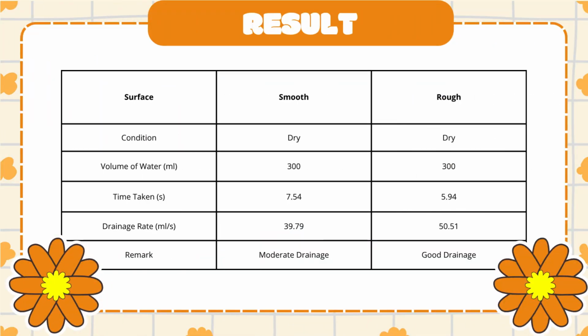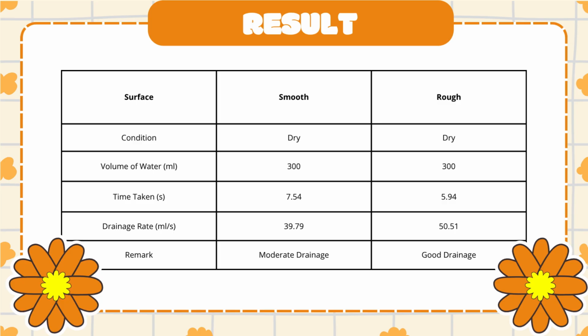For this result, the surface drainage test was carried out on 2 types of pavement surfaces, which are smooth surface and rough surface. Both surfaces were tested under dry conditions using the same volume of water, which is 300 ml. Based on the result, the smooth surface recorded a time taken of 7.54 seconds for the water to drain.